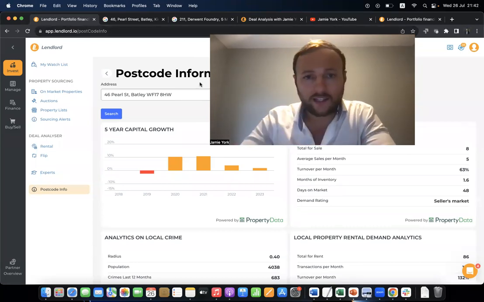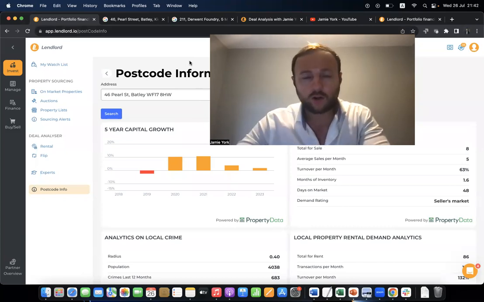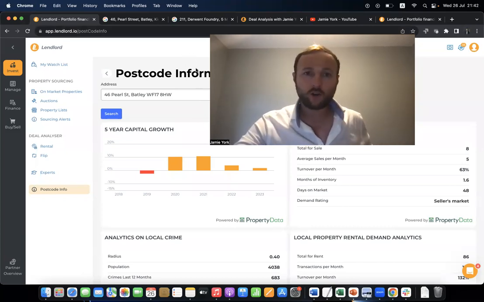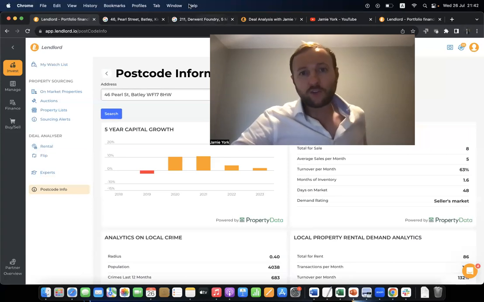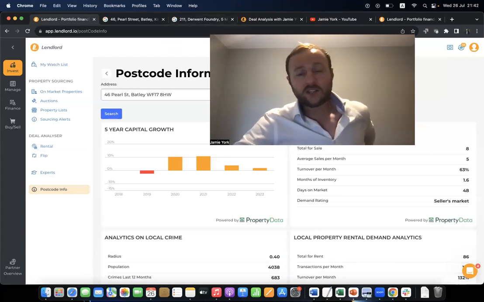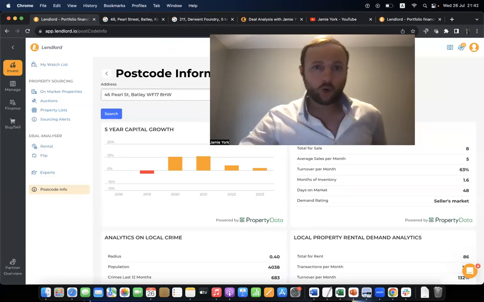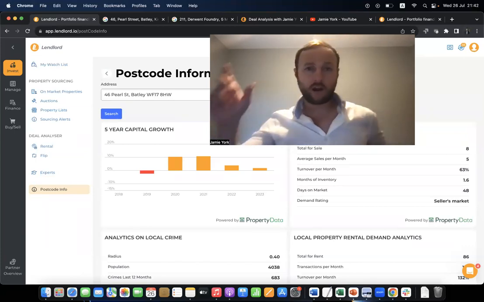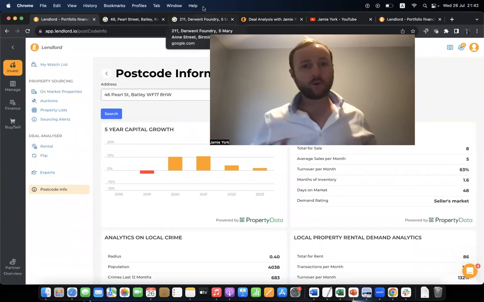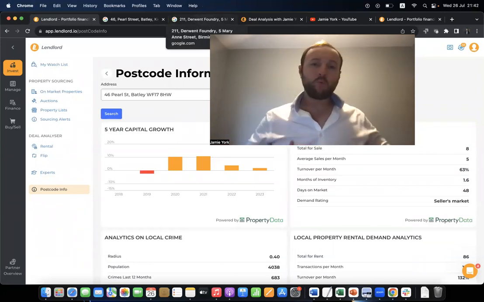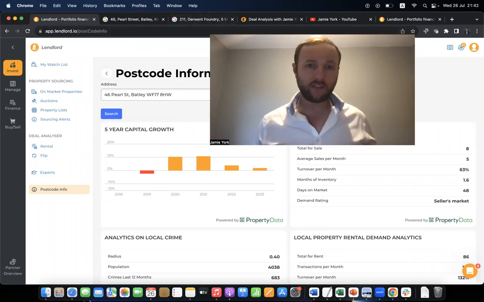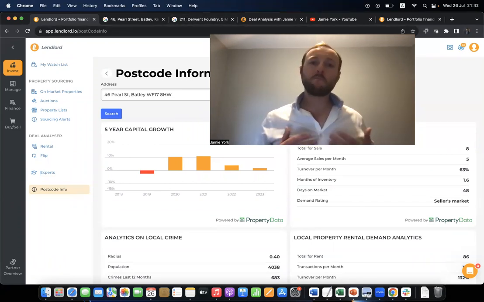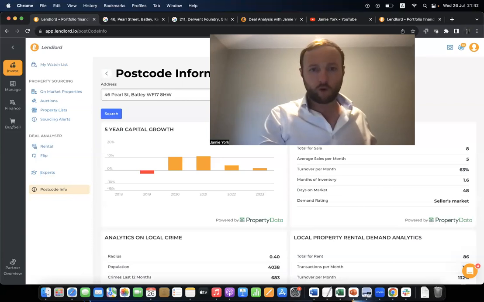Now, knowing that data on its own doesn't really tell you too much, but it's how your area compares. So if you are looking in an area where it's 70% in total owner occupier between outright and with a mortgage, that would indicate that people want to live there and people have got the money to buy there. And what that indicates for you is a much stronger capital growth over time.